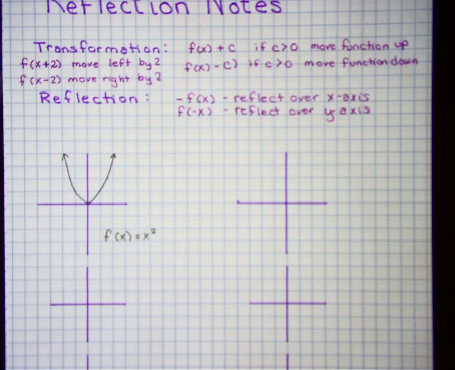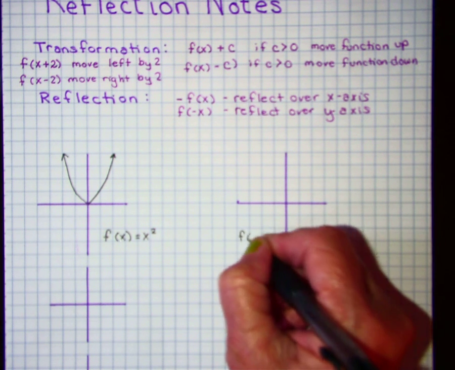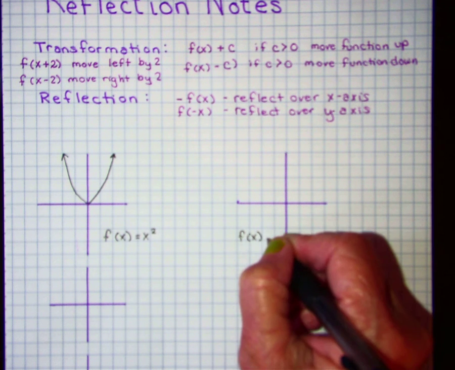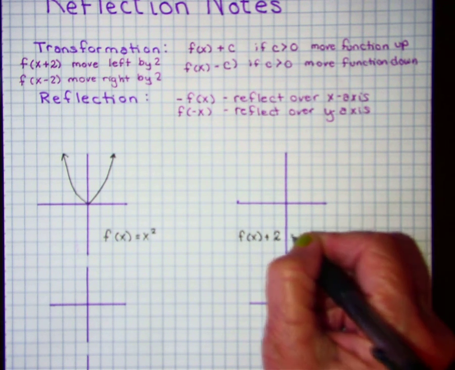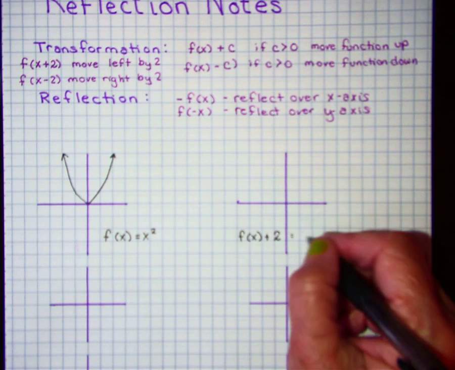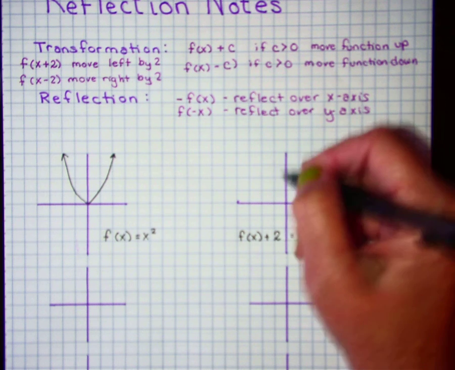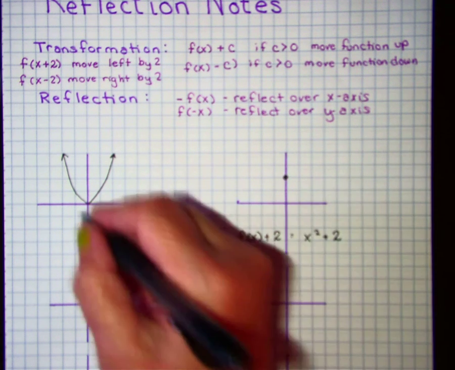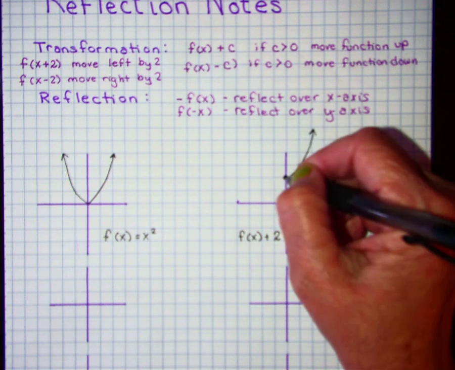So if I rewrite this as my parent function f of x plus 2, it means x squared plus 2. So I'll move the origin up 2, and I can still graph this function relatively easily.